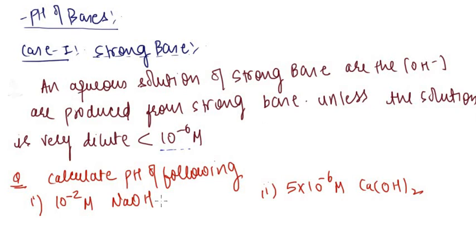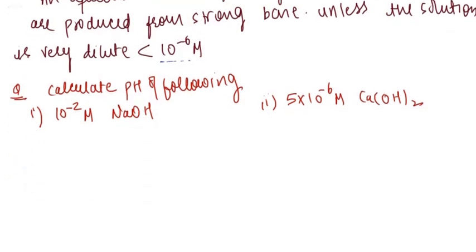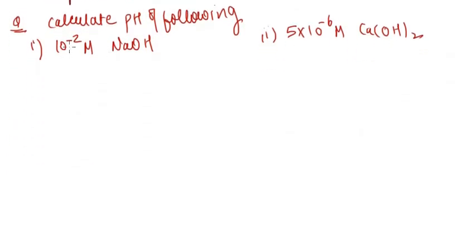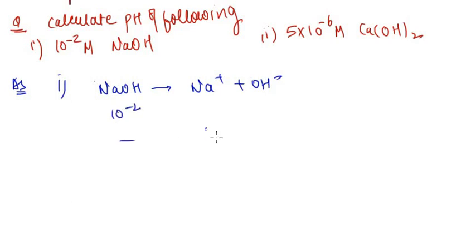So now we are calculating the pH of the following. Again, as always, I tell you to pause the video and answer on your own. First, calculate 10 to the power minus 2 molar NaOH. NaOH will dissociate into Na plus and OH negative. Initially it was 10 to the power negative 2 molar, and now OH negative is 10 to the power negative 2.